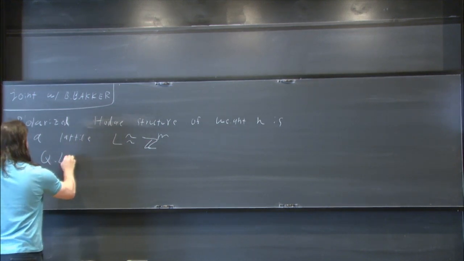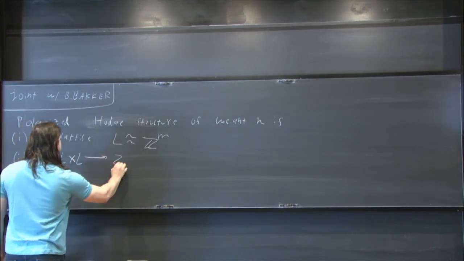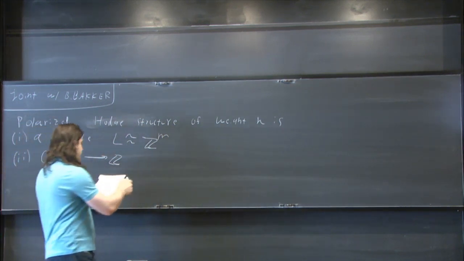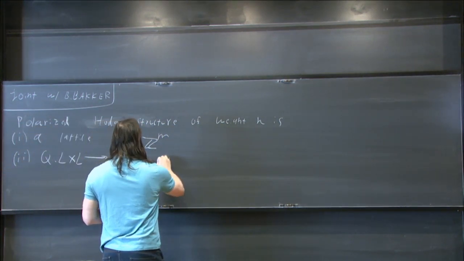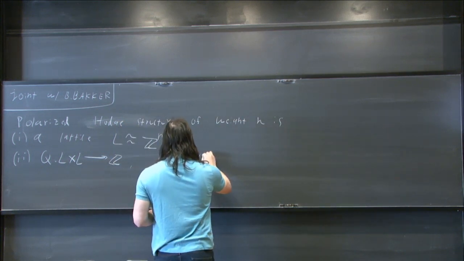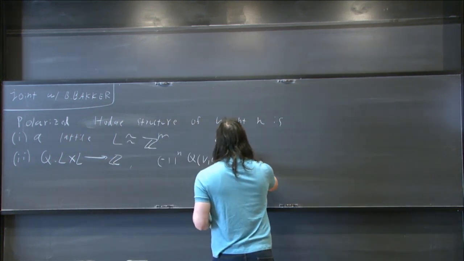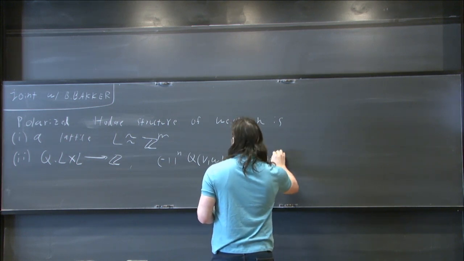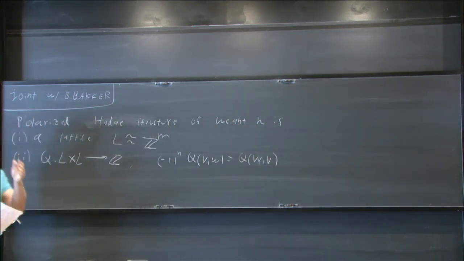We're going to have a bilinear integer-valued form Q on this lattice, which is either symmetric or anti-symmetric, depending on whether n is even or odd.